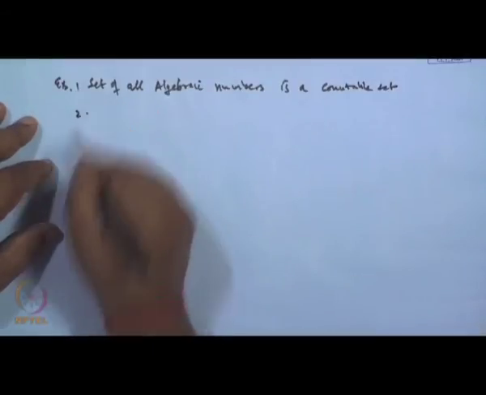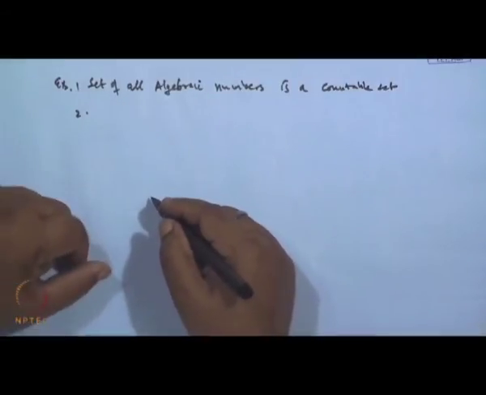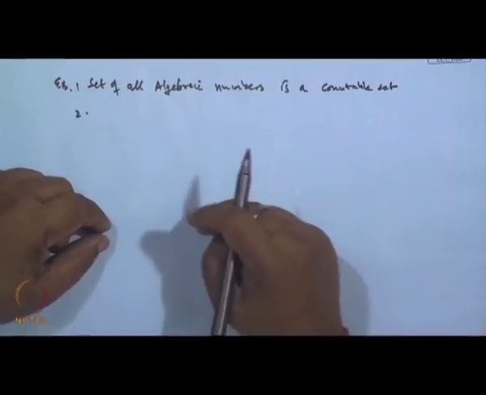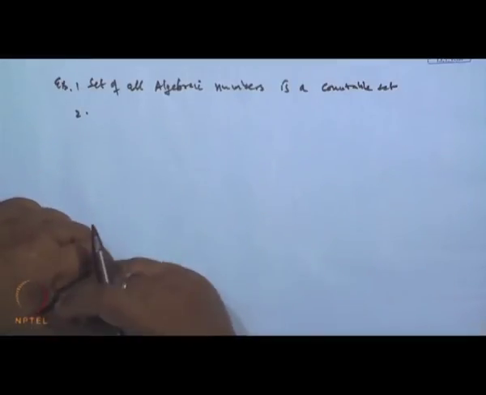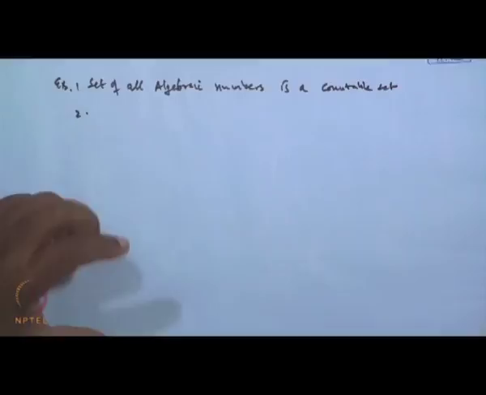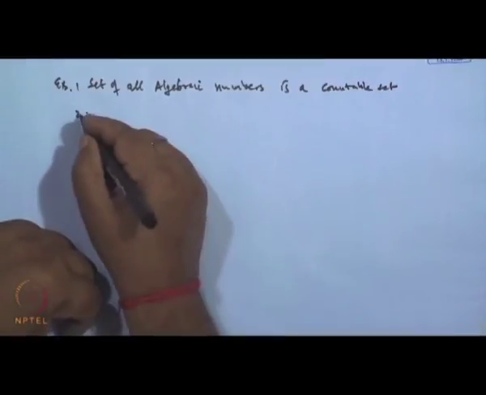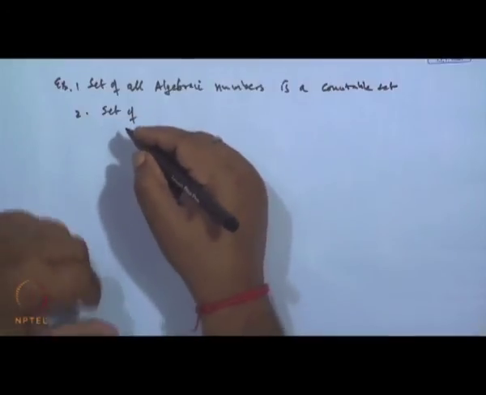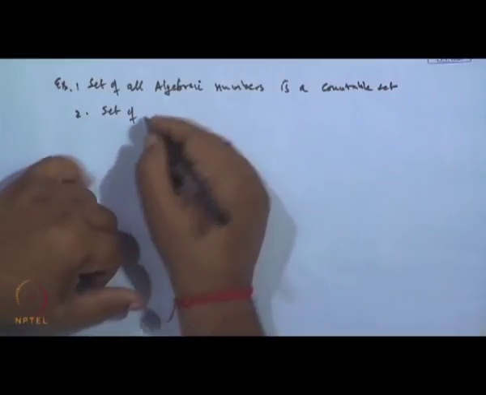We will prove this next. Second, the set of all infinite real numbers, or set A of all sequences whose elements are digits 0 and 1, is an uncountable set.